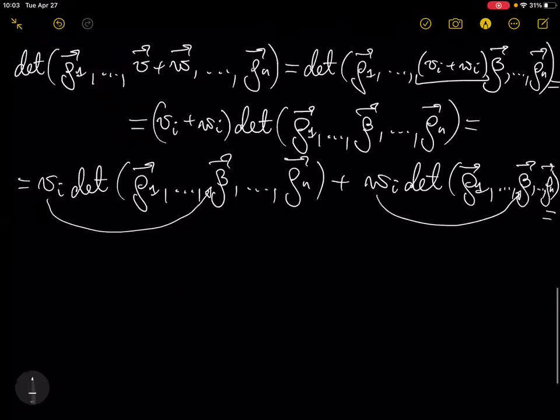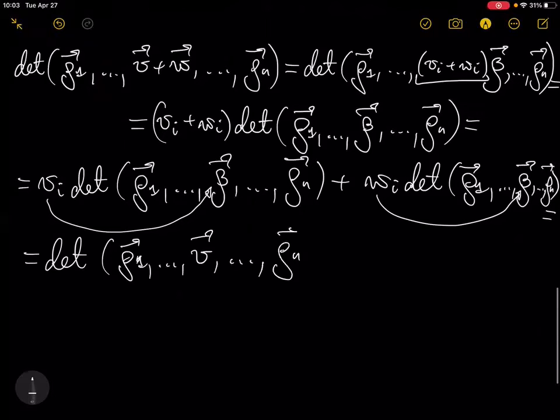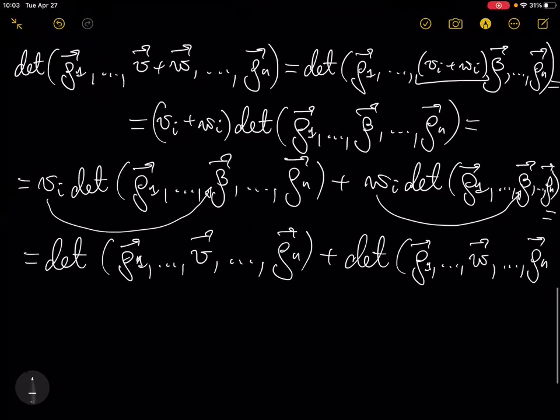And then I will get the determinant of row 1, V, row n plus the determinant of row 1, W, row n. That's it. Is it clear or not?